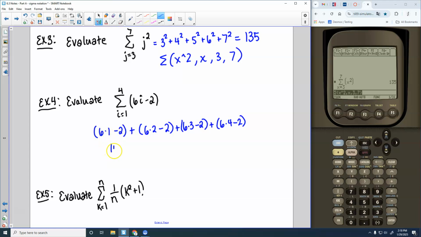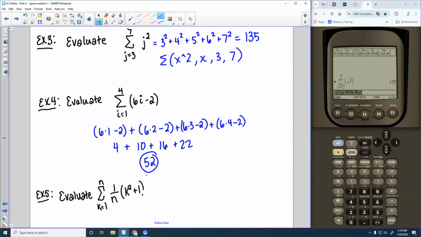So that's going to be... no, that's going to be 4. Next one's going to be 10. 4 plus 10 plus 16 plus 22. And that would be 30, 40, 52.